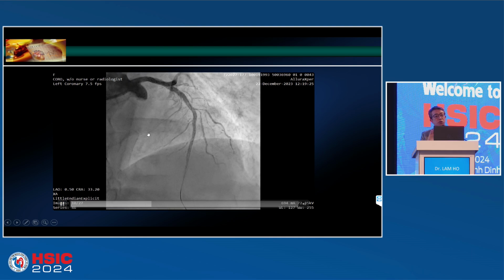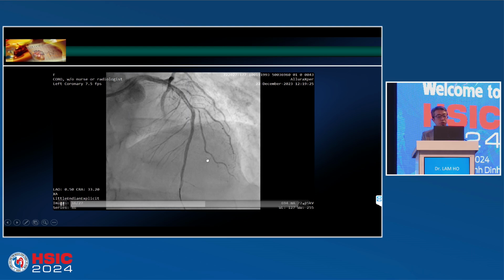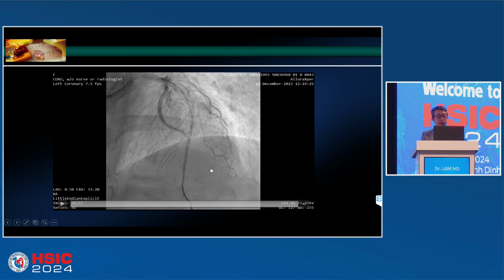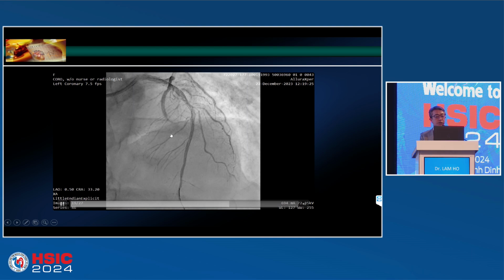You can see the natural history of a lipid-rich part inducing no-reflow. A few minutes later, the blood pressure is very poor, and you can see the circumflex flow is still very slow.